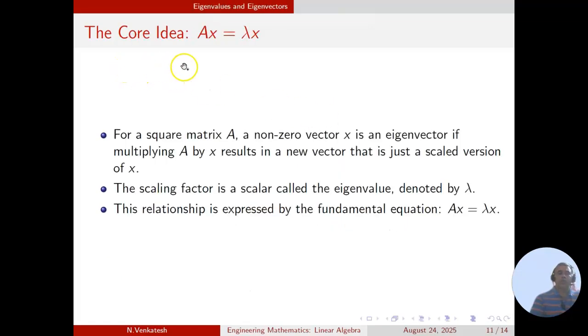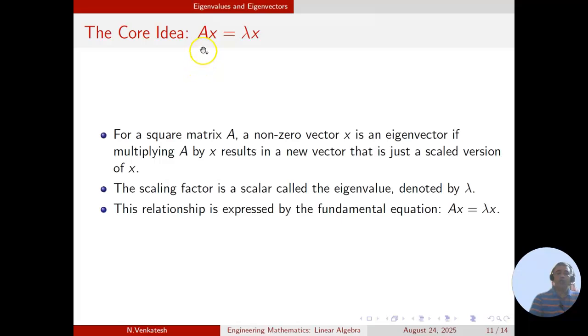Okay, so the next is what is an eigenvector and eigenvalue. So the eigenvector is x here. For a square matrix A, you consider some non-zero vector x an eigenvector if multiplying by A, that means doing some transformation with A, results in a new vector that is just a scaled version of x, where lambda is a constant.